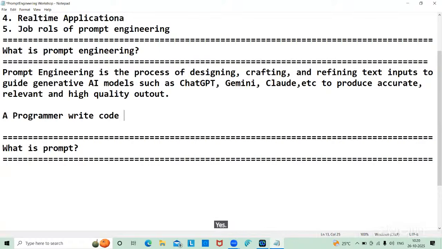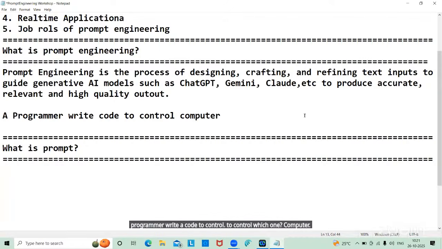Yes or no? Programmer writes code for what? Programmer writes code to control which one? Computer. Programmer writes code to control the computer.